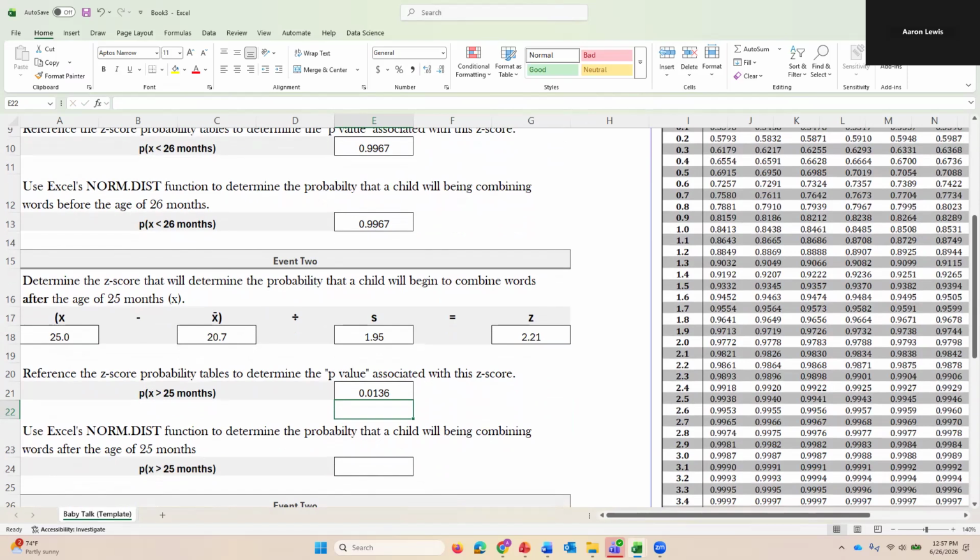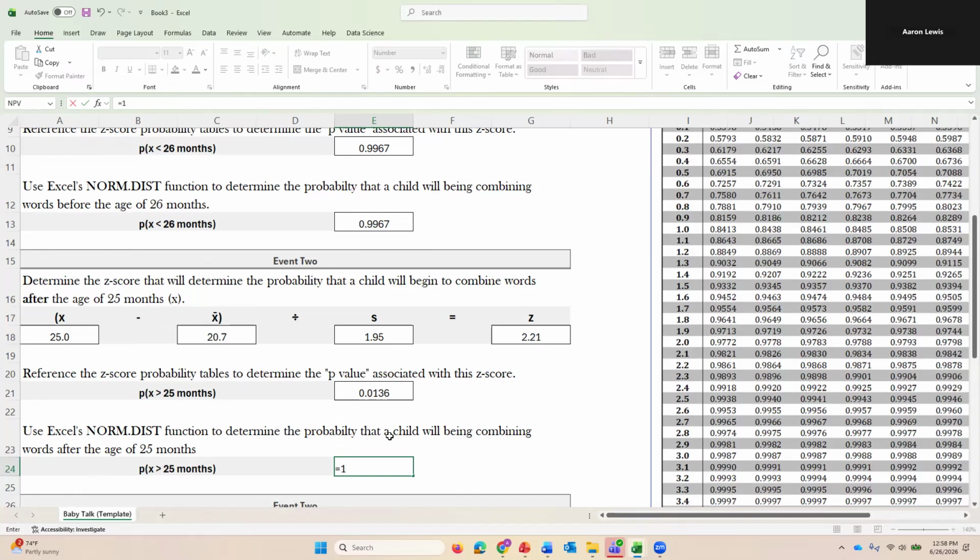And we can use the norm.dist function here as well, if you wanted to, applying that same concept. Norm.dist, just like the numbers on this table, always gives you the probability of an event occurring below, before, whatever term you have for the situation. We want the complement of that. So instead of just using norm.dist, I'm going to do the same thing that I did up here.